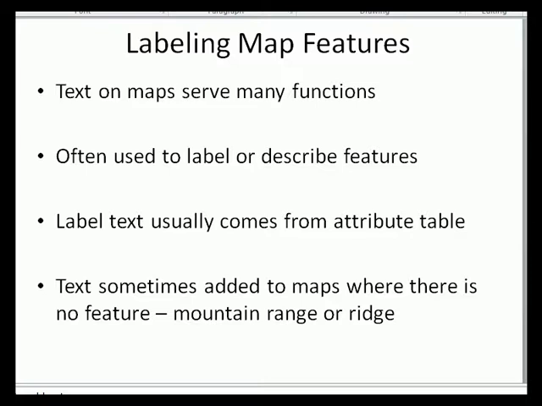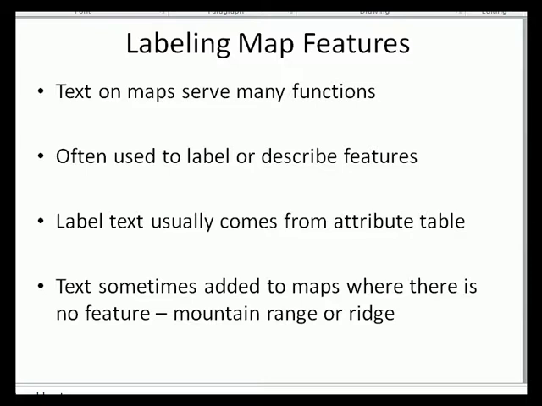We can also just manually add it to the map. So it's pretty powerful in a GIS when you're making a map of the entire United States and it's got a lot of the major cities on it. You can automatically put a piece of text on the map for every city using the label function. It's a lot easier than going through and typing it manually on the map.